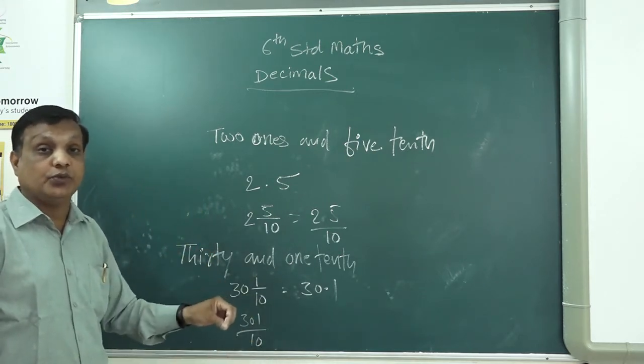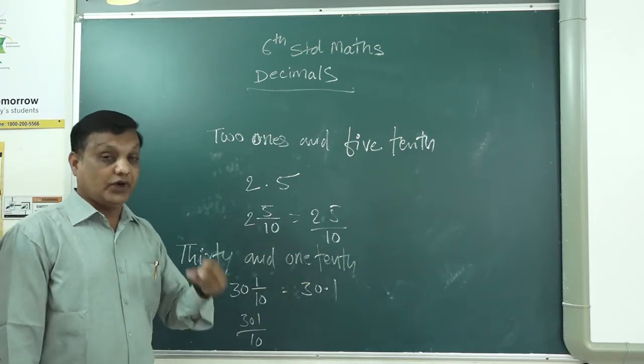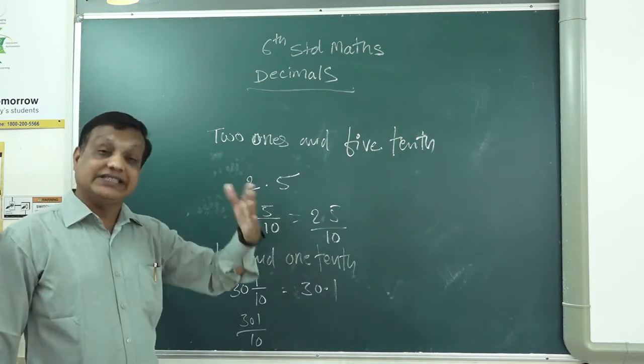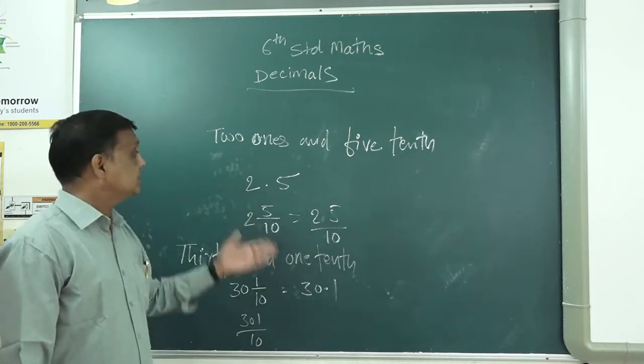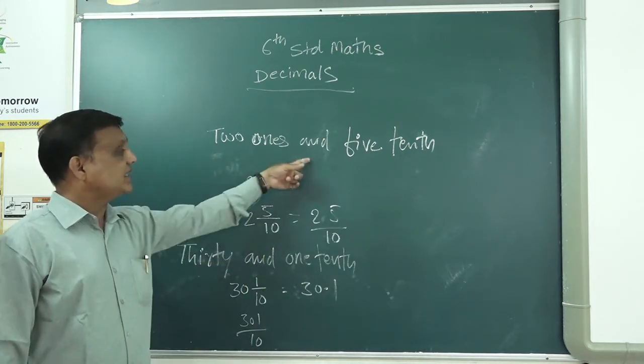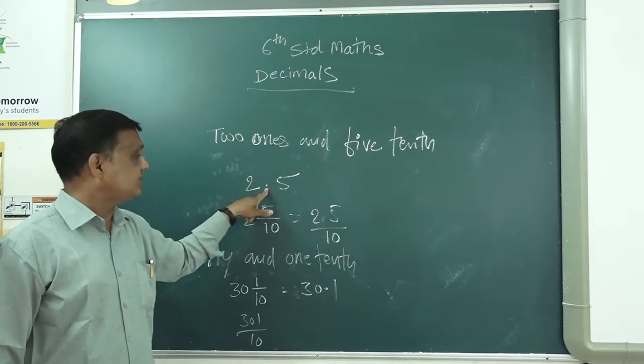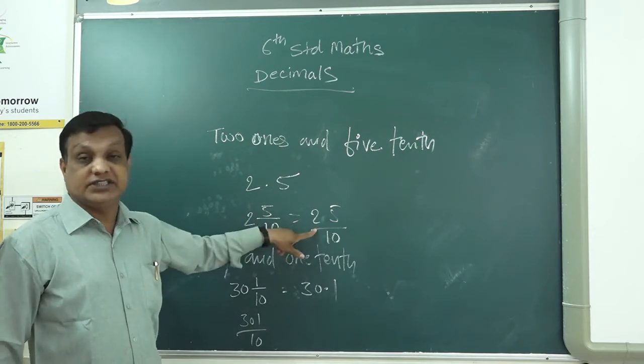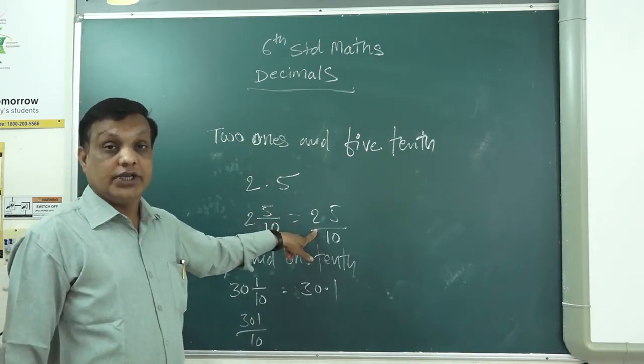Please, you have to be more focused. If you are not getting it, please revise the video. See how we are doing this. This is 2 ones and 5 tenths. 2 ones and 5 tenths is in words, this is a decimal, this is a fraction, this is a mixed fraction, and this is an improper fraction.